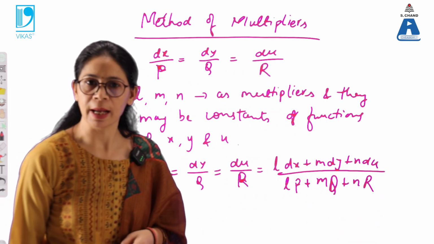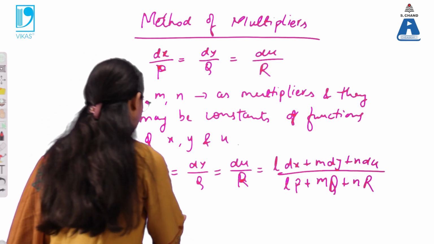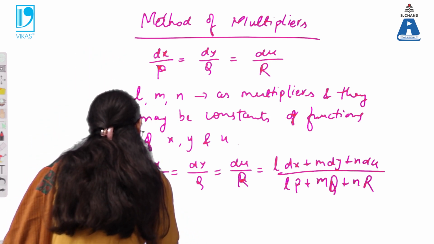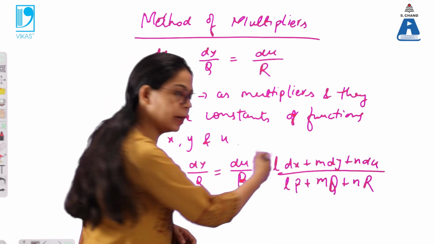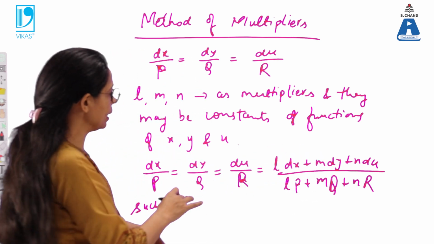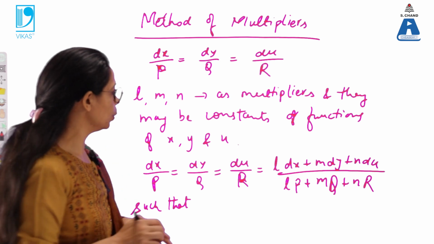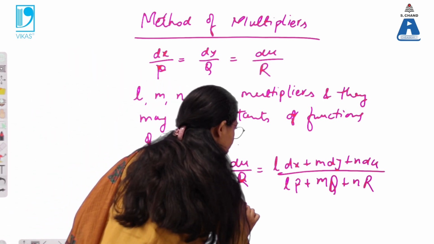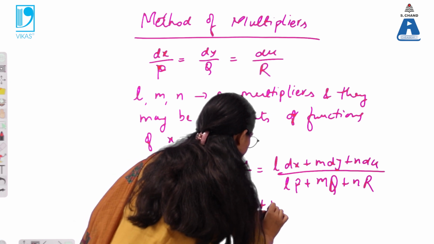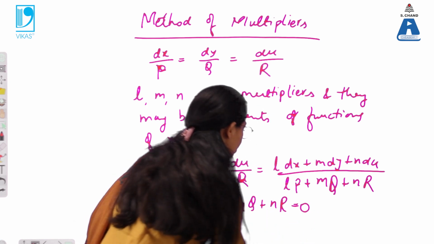These L, M, N are chosen in such a way that the denominator is equal to 0, such that LP plus MQ plus NR is equal to 0.